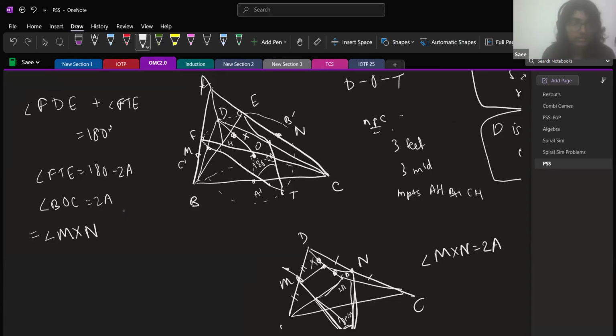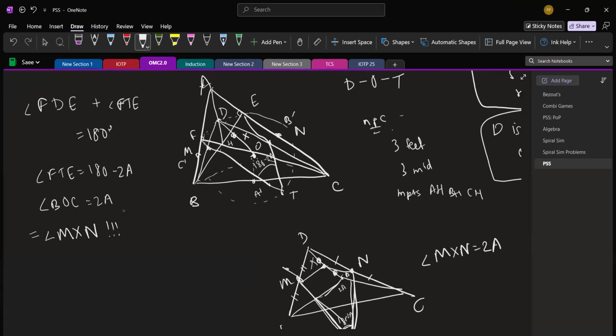So angle MXN is equal to EDF. And now that is going to be equal to 180 minus ETF, supplementary angles, just angle theory. So that proves the cyclicity.